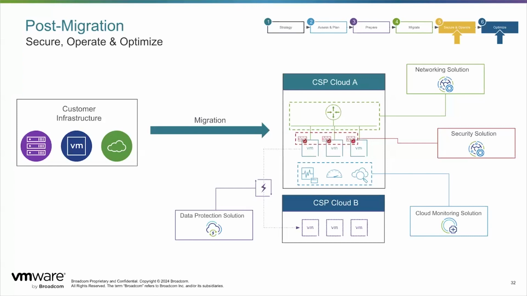So, of course, we have the networking solution covering the network that the migrated VMs will be utilizing at the cloud, security for applying firewall, distributed firewall, for example, cloud monitoring for monitoring and optimization of these workloads, and data protection that would allow these to be protected to another CSP-owned cloud, and to make sure they can be powered on in case of a disaster.